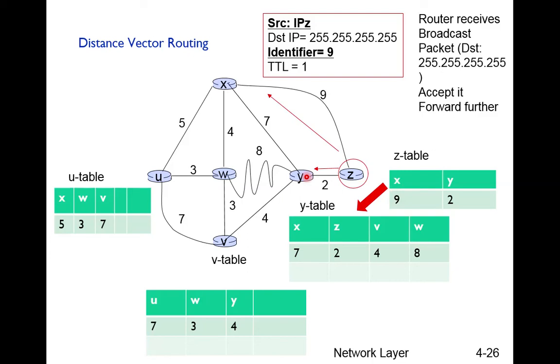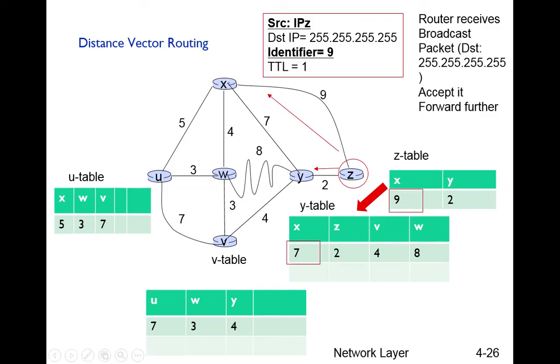So if Y wants to move to X through this link, this path is 11, and the already present path from Y to X is 7. The present path is 7, which is less, so the present path will be maintained. This table information of X is of no use now, because this path is longer and the already present path is shorter, so the already present path will be maintained.